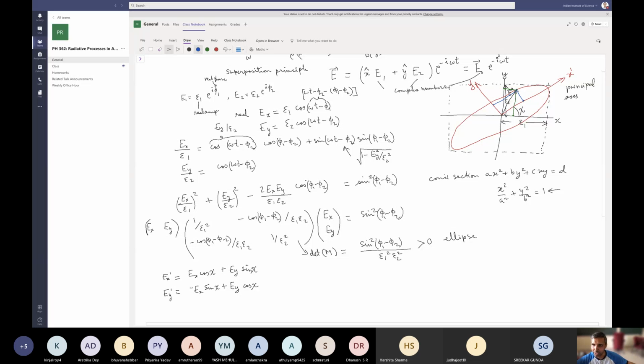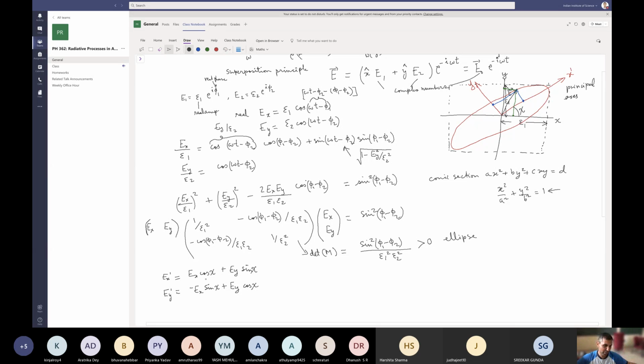So this is my Ex prime, this is my Ey prime, this is my Ex, and this is my Ey. Okay, so just from basic vectors, this is clear, right? Ex cos chi, Ex, right? I'm just rotating.